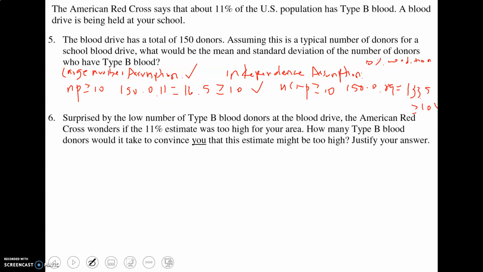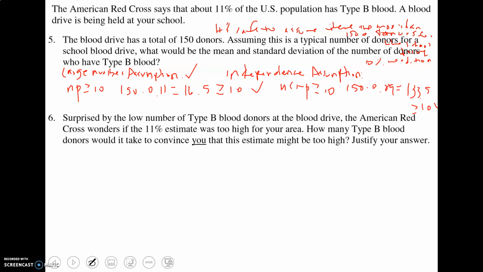So you can write a sentence like, it's safe to assume that there are more than 1,500 students, or donors for the school drive, considering that this school is a large school.